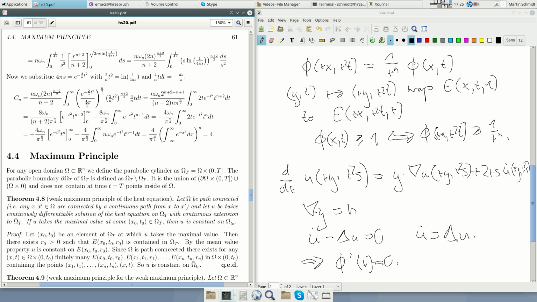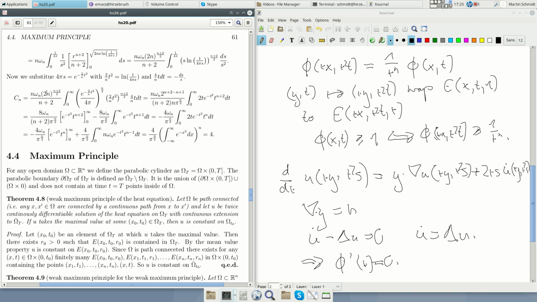Now we have, of course, lots of powers of 2 and powers of n. Let's see with the powers of n and the powers of 2. We first keep this n omega n, and then this. Now let's look at the powers of 2.